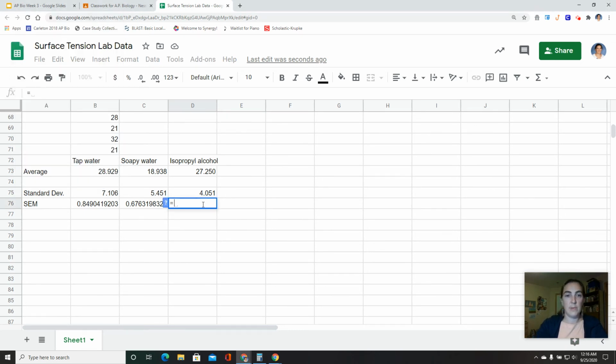So all right, so this row now is our standard error. I'm also going to use this to figure out 2 times the standard error. I'm just going to do all my calculations in here, just because that's a little bit faster.